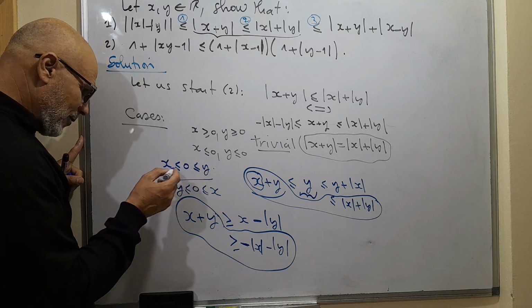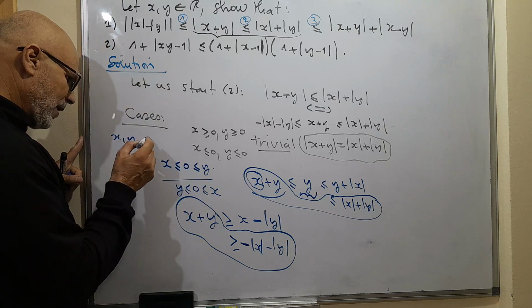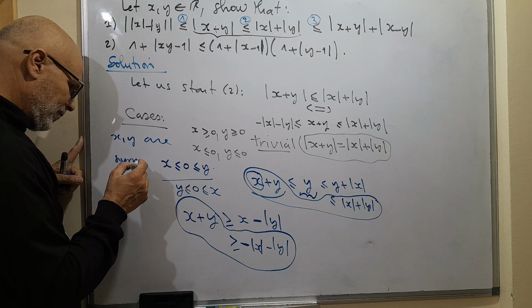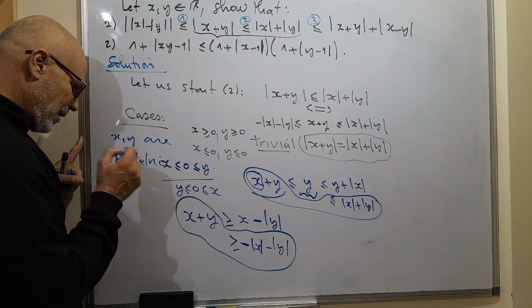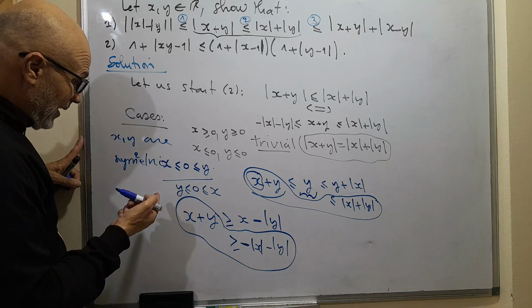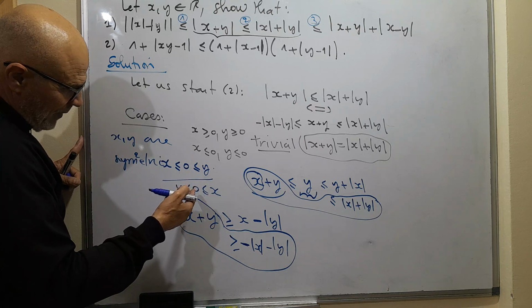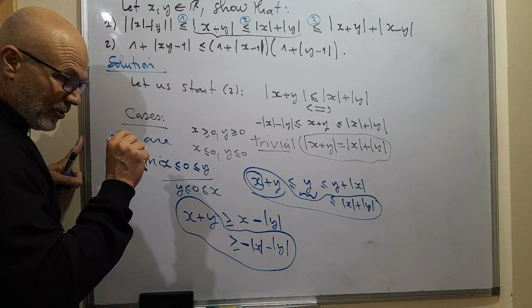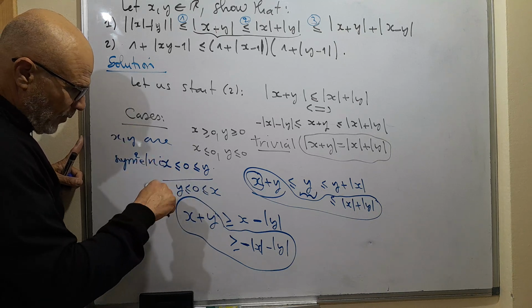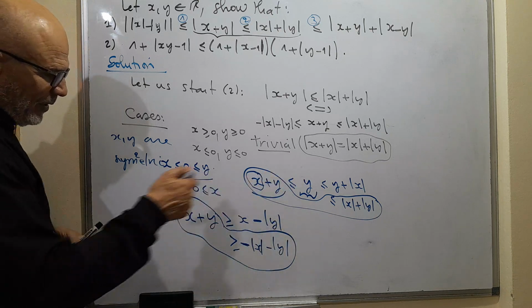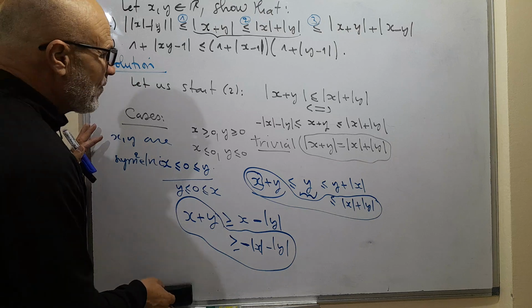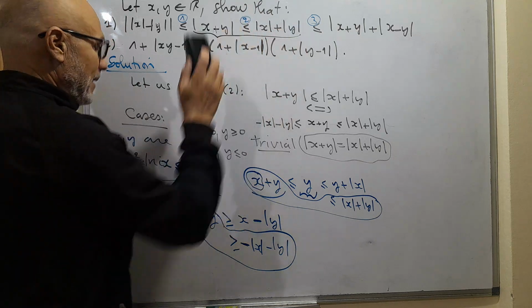Because x and y are symmetric. Since they are symmetric, it is sufficient that we do it for just one. If we exchange the roles of y and x, we keep the same double inequality. So 2 is done.